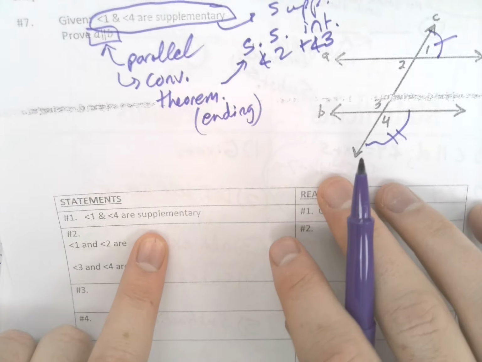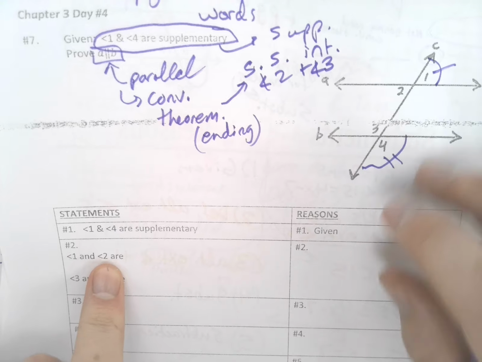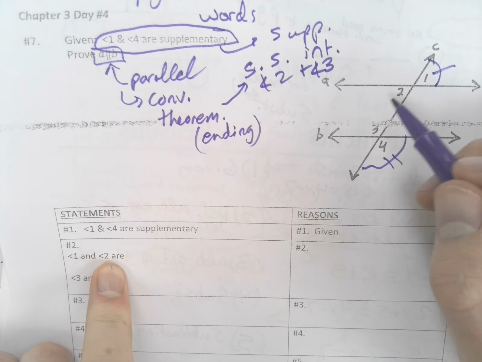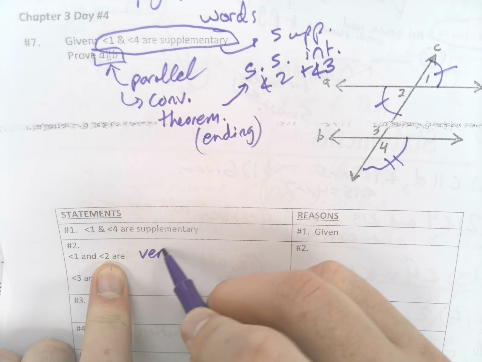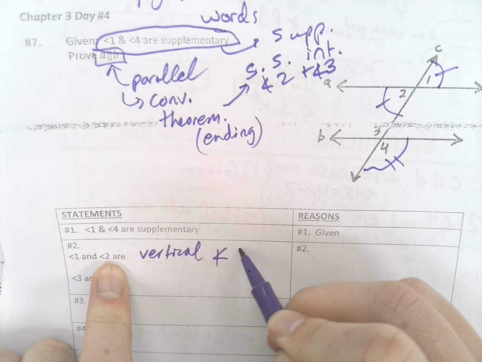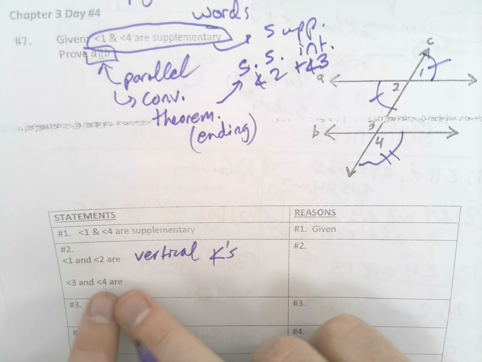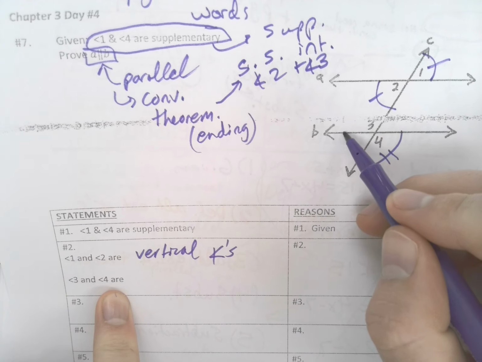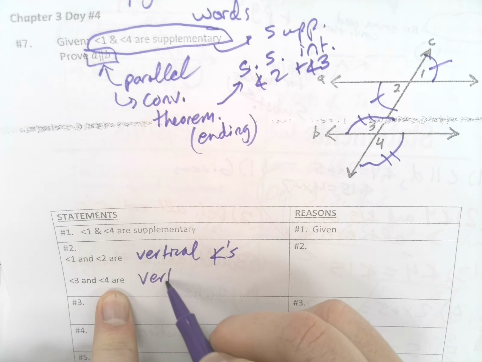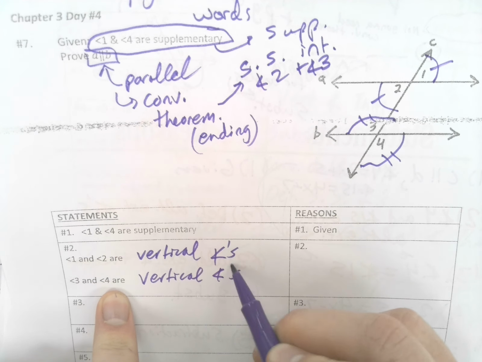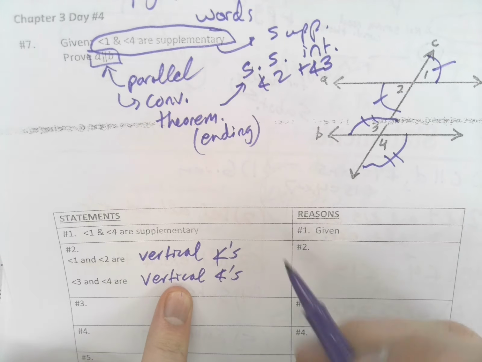Okay. Well, before we touch that, let's look at 1 and 2. Now, wait a minute. Aren't these vertical? Yeah, we got some vertical angles. Speaking of vertical angles, look at 3 and 4. Oh, shoot. Those are vertical angles too. And what lets us say that things are vertical angles?